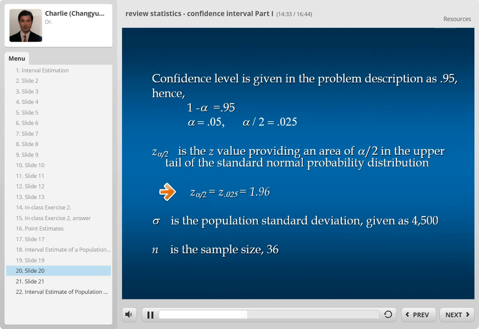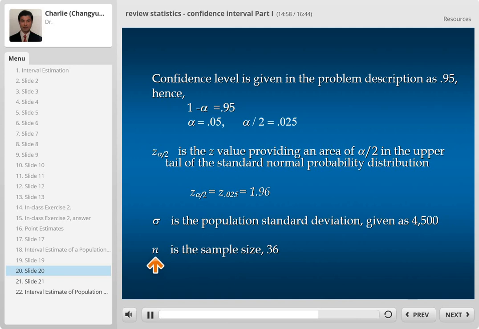So z alpha over 2 equals z 0.025, which equals 1.96 as we solved in the previous examples and in-class exercise. Sigma is the population standard deviation, given here as 4,500.